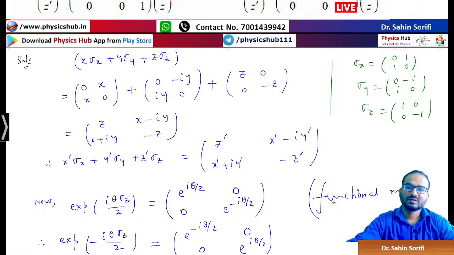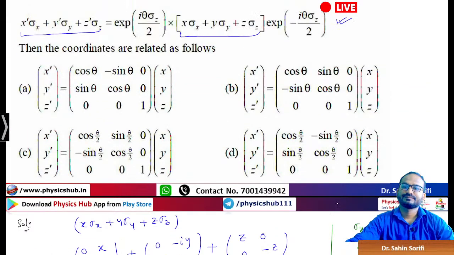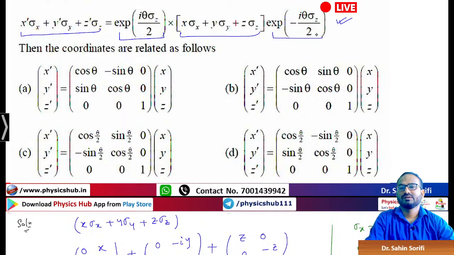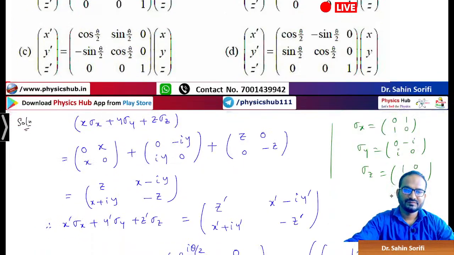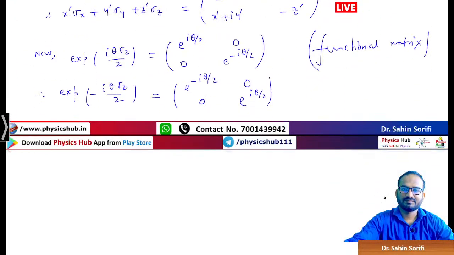Now look at this. We have found this one, we have also found this one. Now we just need to write this equation in the matrix form, and then you will get this one. So let us try to write and simplify.